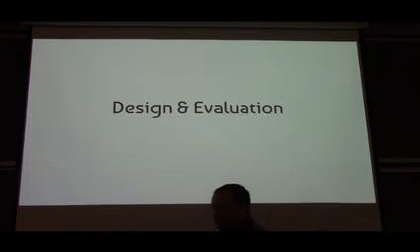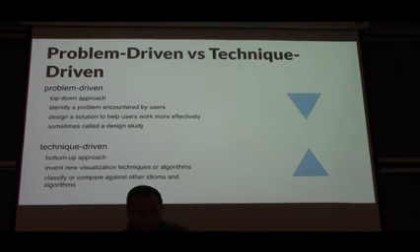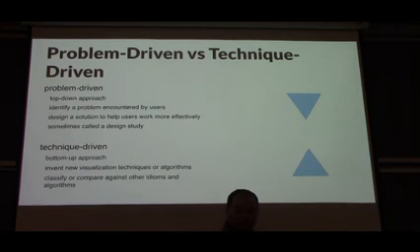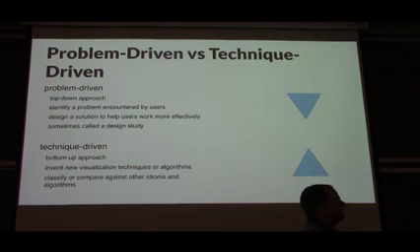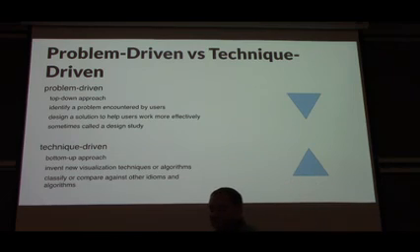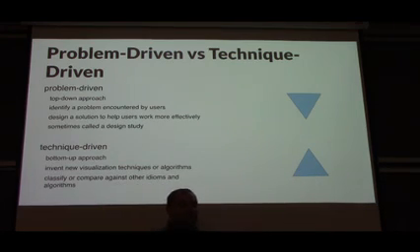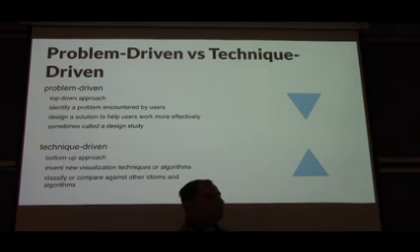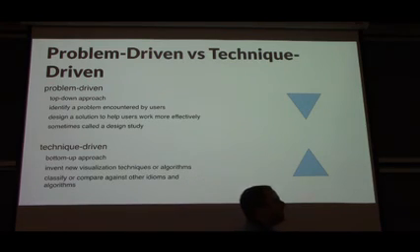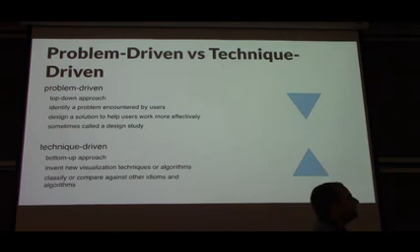and evaluation. And for that, I like to distinguish between two types of visualization design. There's the problem-driven approach and the technique-driven approach. The problem-driven approach is a top-down approach, where you identify a problem encountered by some real users, some real problem in the wild, and then you design a solution to help users work more effectively.